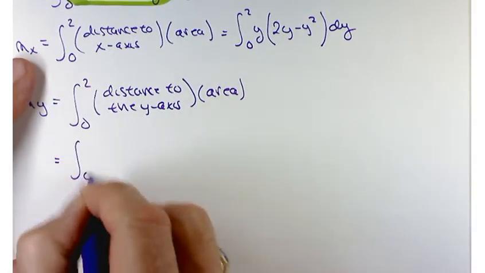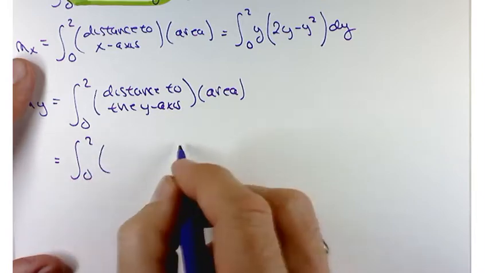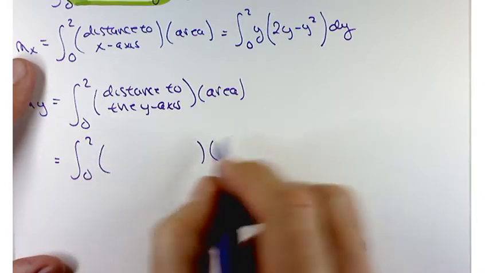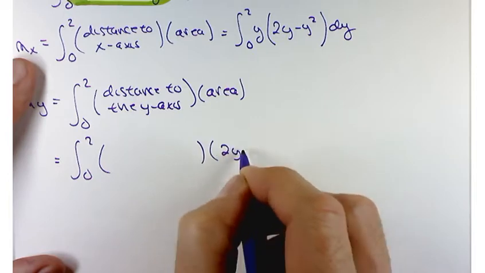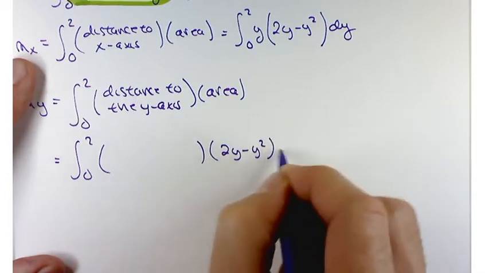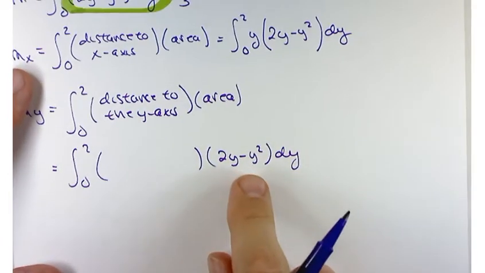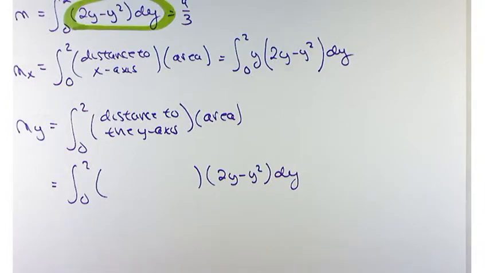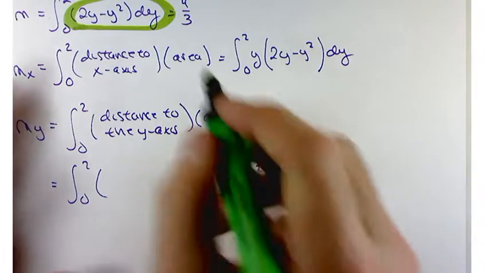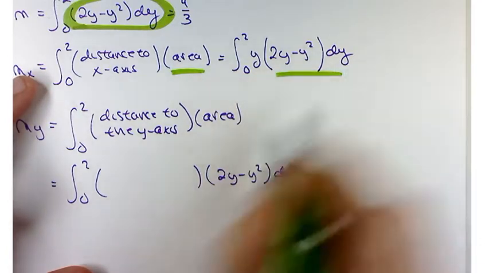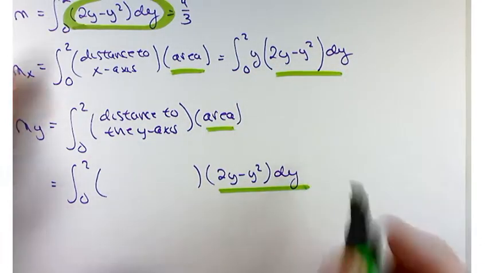This is going to be the integral from 0 to 2 of 2y minus y squared dy. That's my area again. So we've got the area creeping up twice, right here and again here.